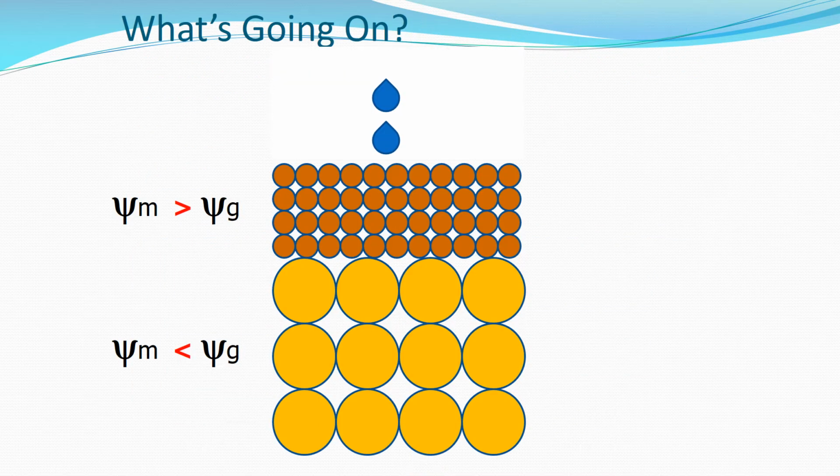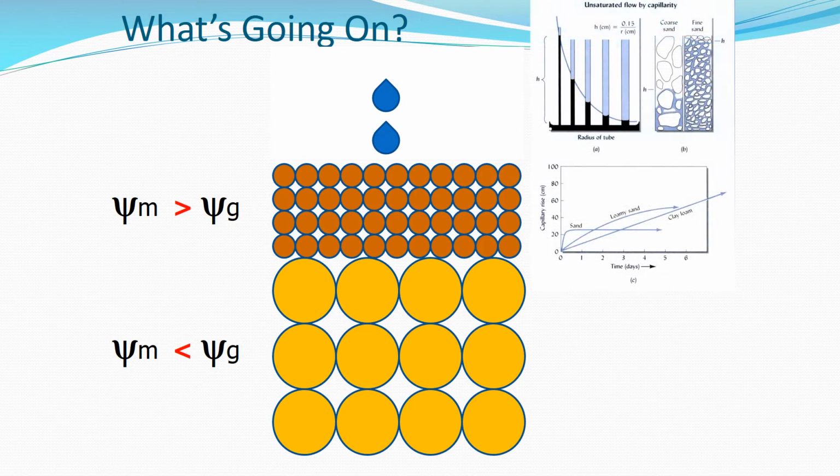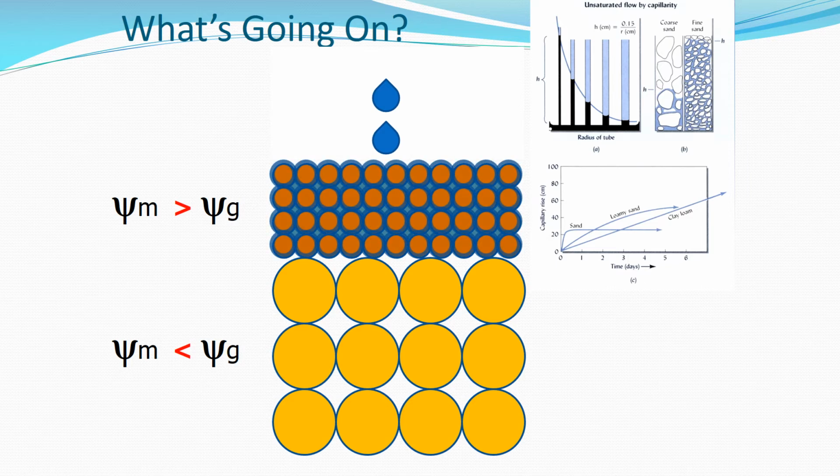So ultimately, when water comes into that silt loam horizon, it's going to be governed by matrix potential because it's going to be unsaturated. The tiny pores in the silt loam layer at the surface have a lot more ability to hold on to water and to suck it through. And so they basically hold water tighter until it reaches saturation.